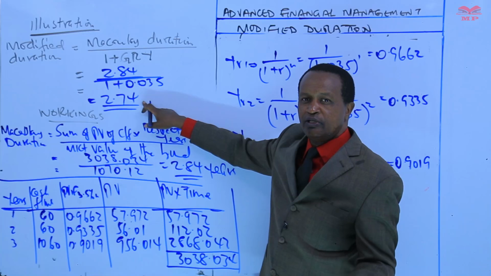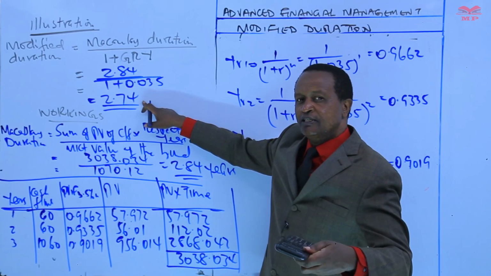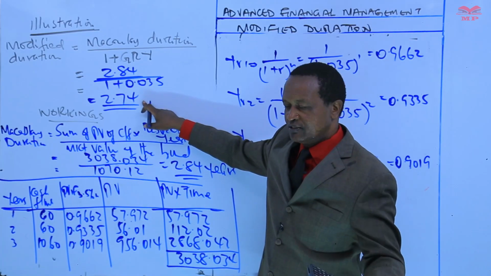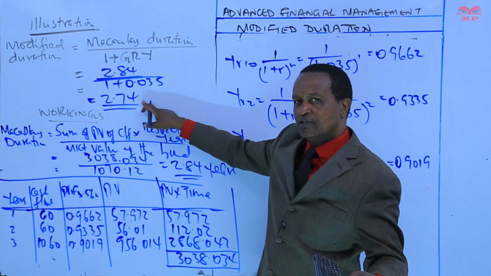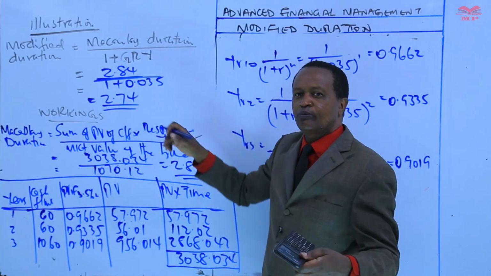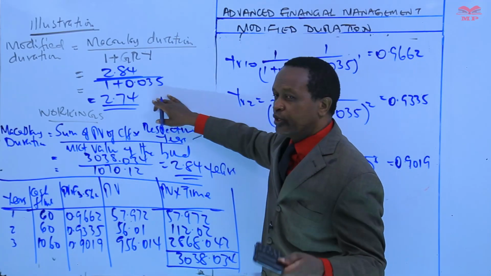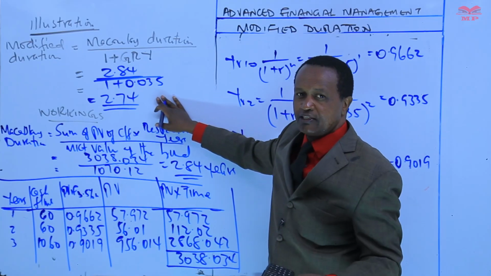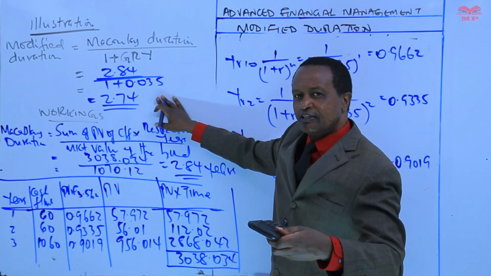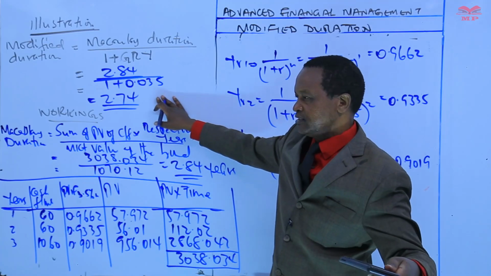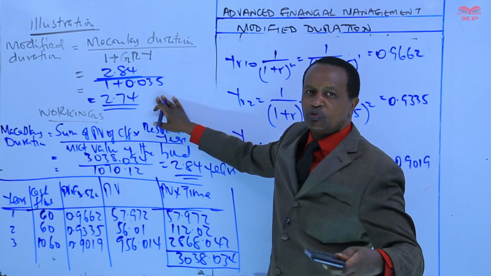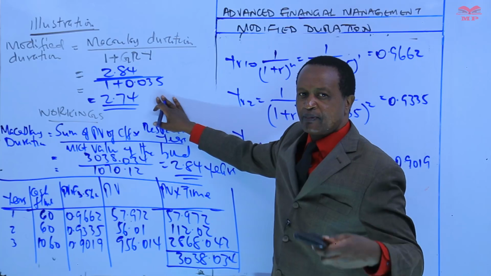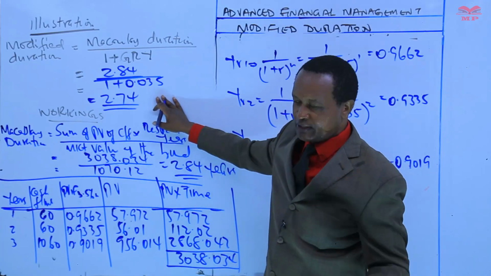For example, if interest rates rise by 1%, then the bond's price is expected to fall by approximately 2.7%. Conversely, if interest rates fall by 1%, then the bond's price is expected to rise by approximately 2.7%.